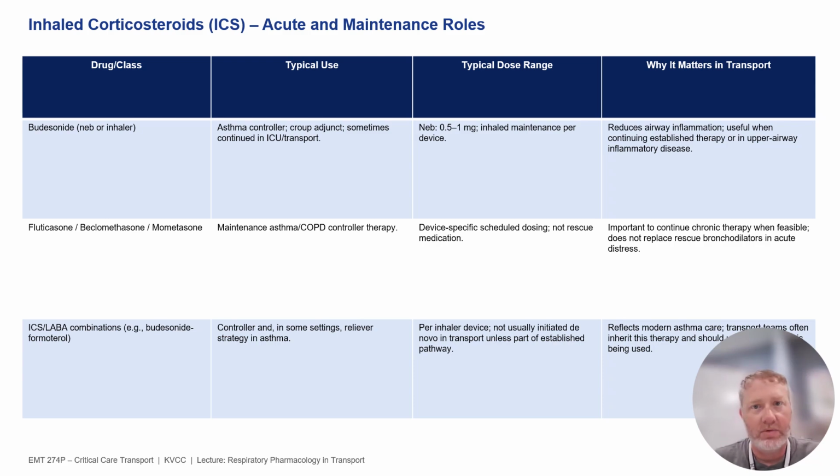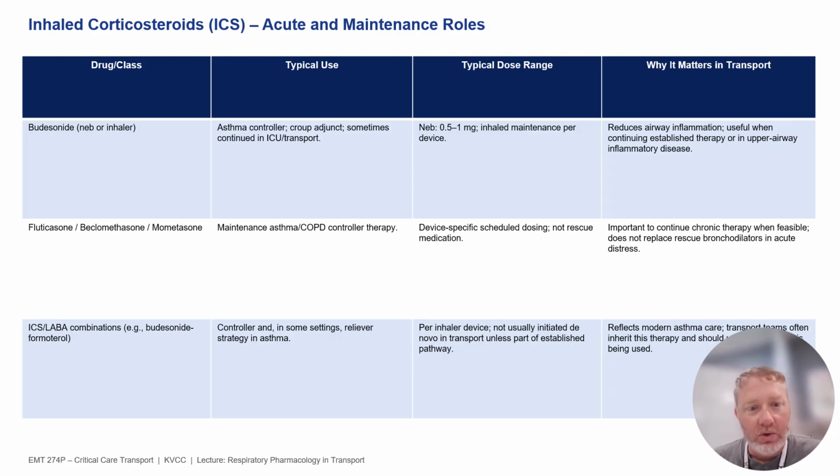So there are some SABA-SAMA combos, and there's also a slew of inhaled corticosteroids and long-acting beta-2 agonists that are combination meds. And I don't foresee you having to give any of those en route, but just to have an idea or general understanding that bronchodilators are divided into two different groups that act on different parts of the airway smooth muscle.